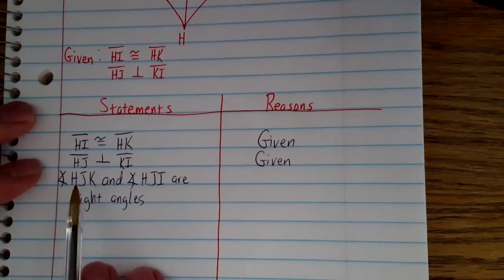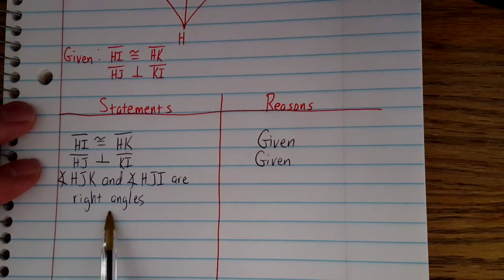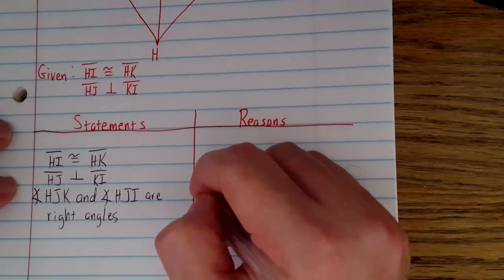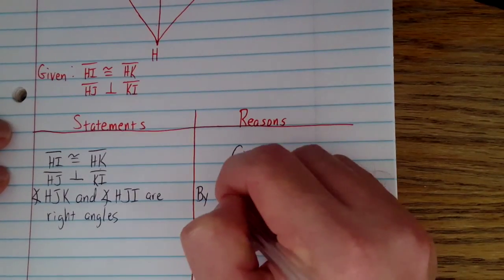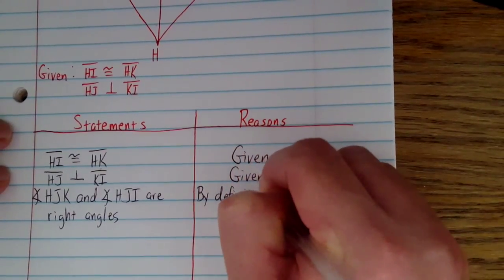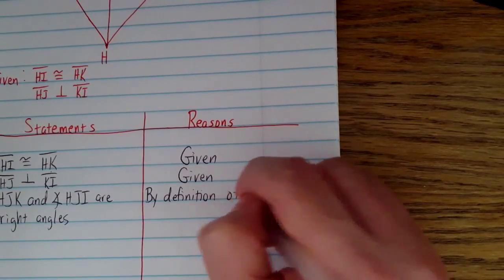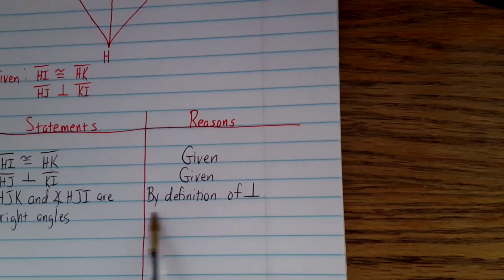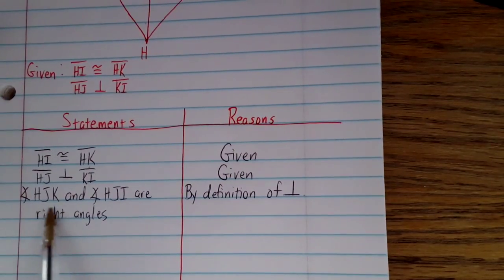Now, what is the reason that I'm able to make this statement? Okay, well, that's because, and I'll just say that it's by definition, by definition of perpendicular. So this is the reason that I can make this statement right here.